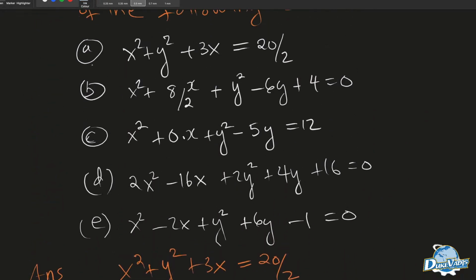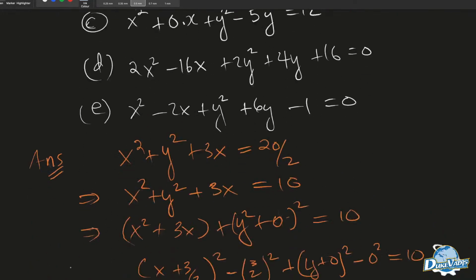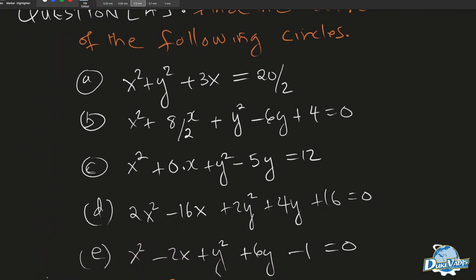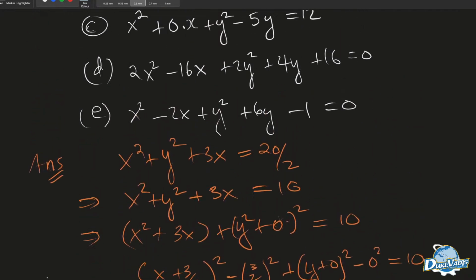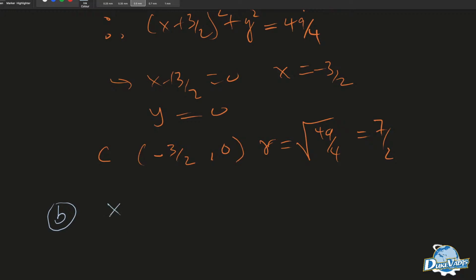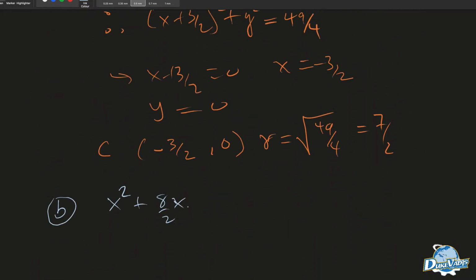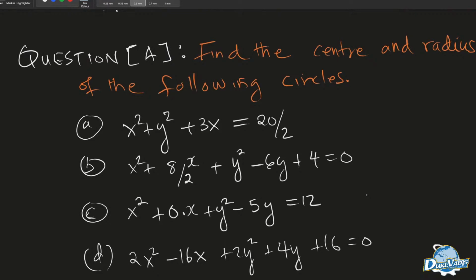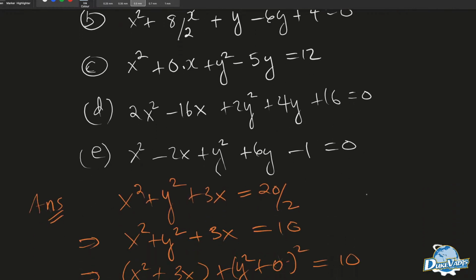So the second one is part b, which is x squared plus 8 over 2x plus y squared minus 6y plus 4 is equal to 0.